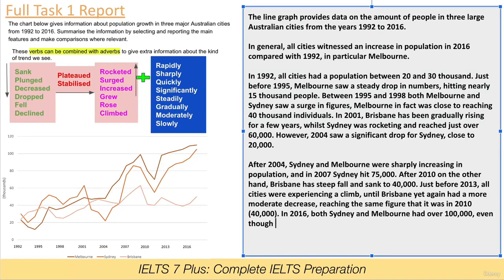Even though Brisbane, the gap, Brisbane had less than half of this number, around about 50,000.